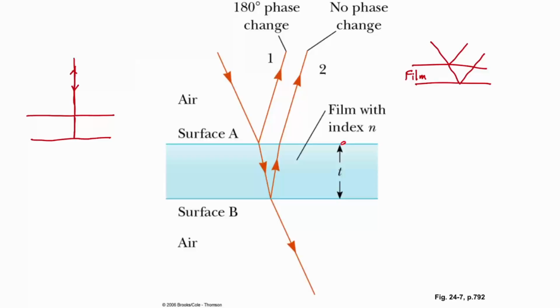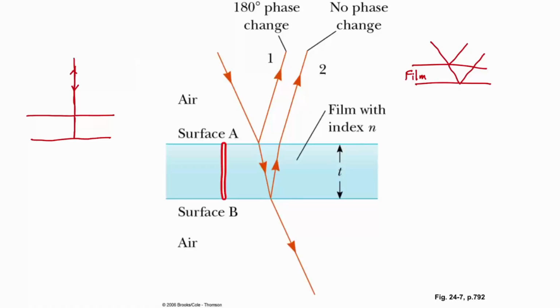Notice that they're using T as the thickness of the film, not time, but thickness of the film. Okay? How much further does the second ray travel? 2T, good. It's really going straight up and down, isn't it? It's not going sideways, so we don't have to figure out any of the geometry or the triangles.